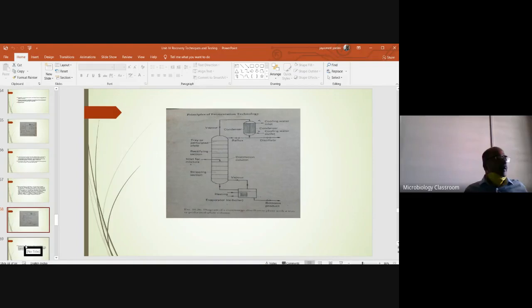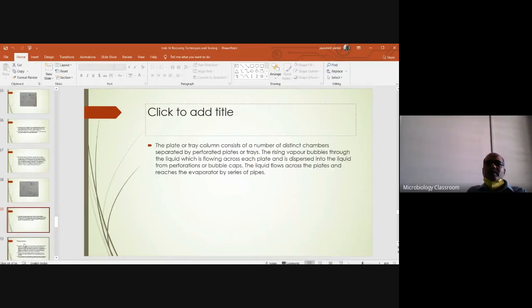So all of you remember well that distillation is carried out by batch distillation and by continuous distillation. This is the equipment, or apparatus, for the continuous distillation process. The plate or tray column consists of a number of distinct chambers, as shown in the diagram, which are separated by perforated plates or trays.